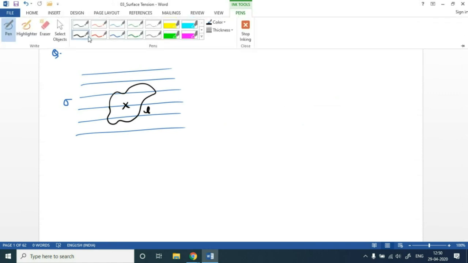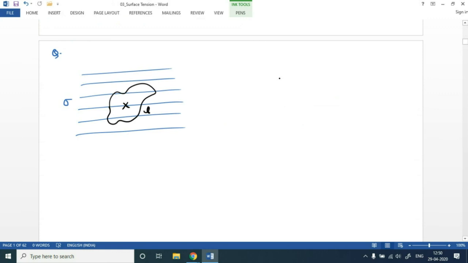This thread, which was initially having some random shape over this liquid membrane, will get stretched when we pinch it here. The liquid membrane inside will burst, and this thread will take a circular shape, and there will be some tension inside this thread.